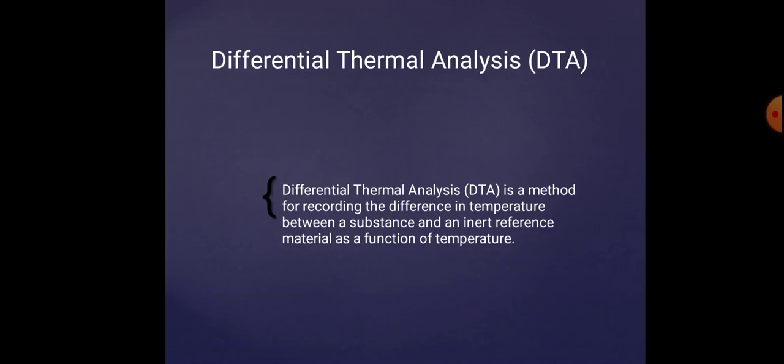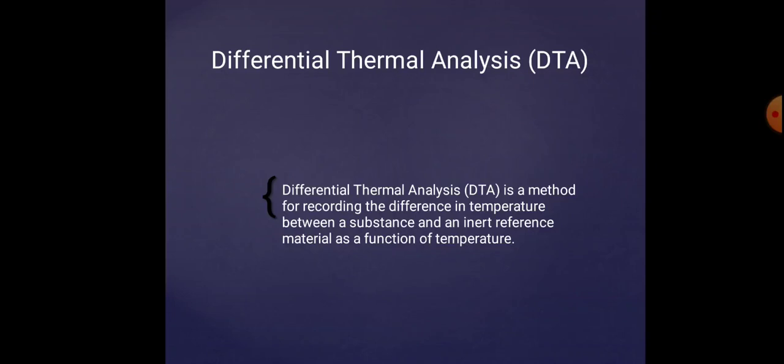But in differential thermal analysis, the name differential means there are two substances taken. First is the sample and second is the inert reference material. For example, like in NMR we use a reference compound, TMS, along with which the signals are measured.